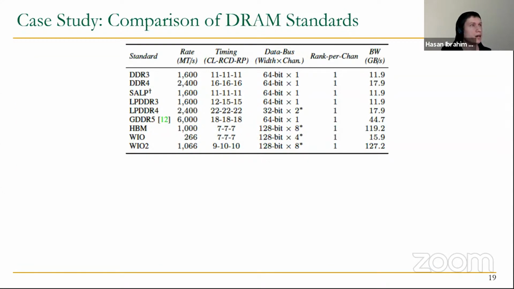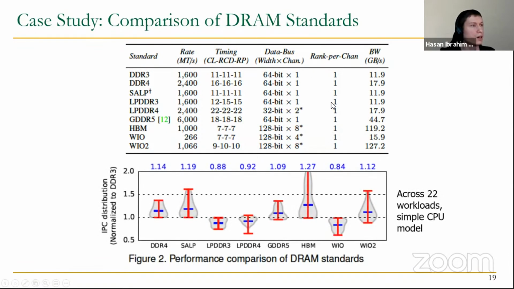Here's a study that uses Ramulator to compare different DRAM standards. This case study was part of the original Ramulator paper. So using Ramulator, what we did was we compared how different DRAM standards perform with different workloads.